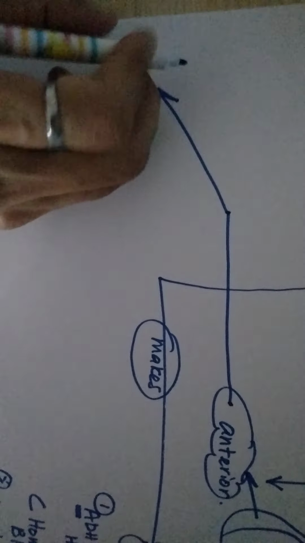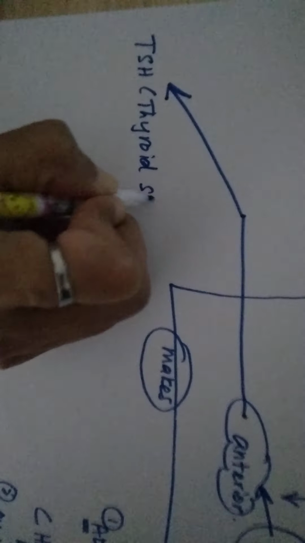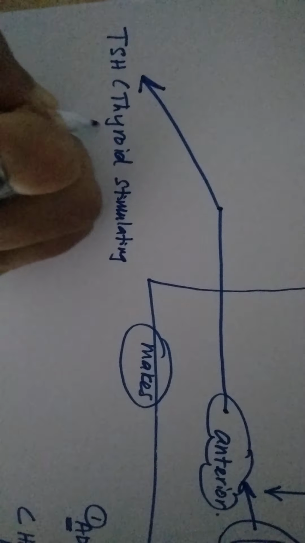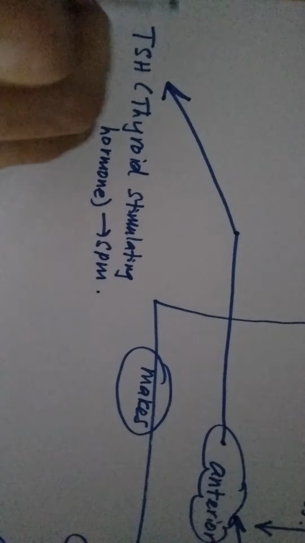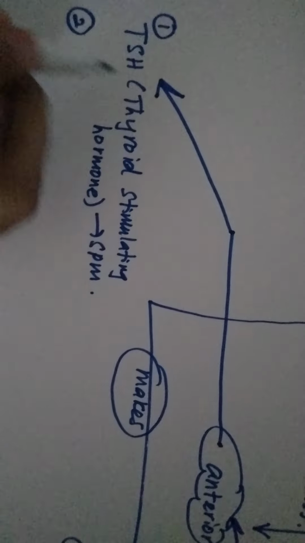So number 1, TSH, thyroid stimulating hormone. You need to know this one for SPM, one of the reasons to regulate hormones. Number 2, ACTH, you don't have to know.